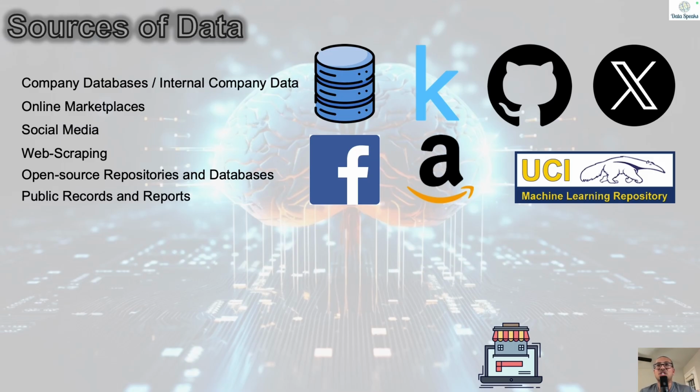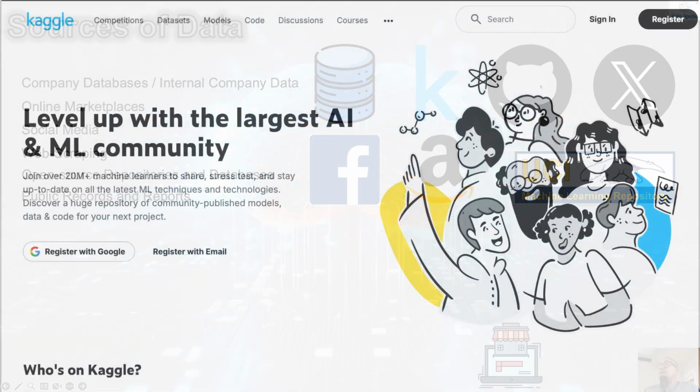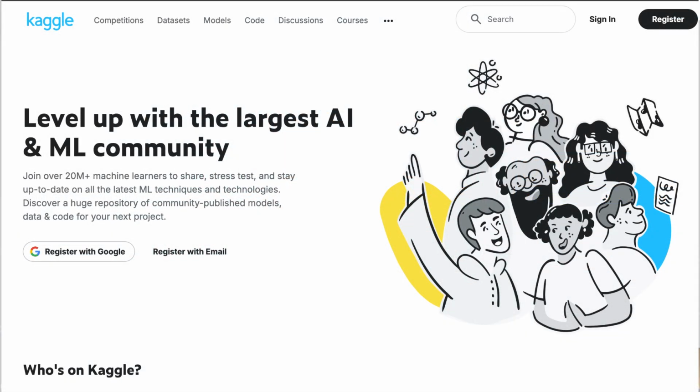Now, open source repository databases, or think of public records or reports. This has been one of the most popular as well. When we think about practicing data science and machine learning projects, the first thing we can think of is kaggle.com or github.com. Kaggle.com is the platform where many data scientists throughout the world come together on this website and work on real world practice data science projects.